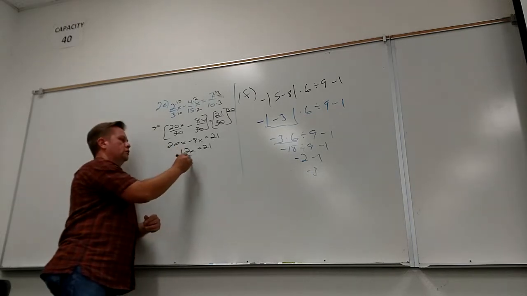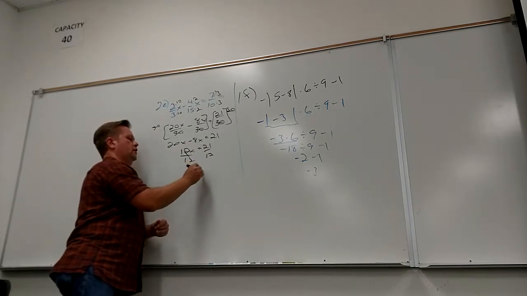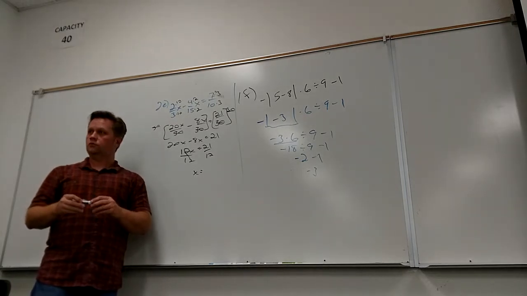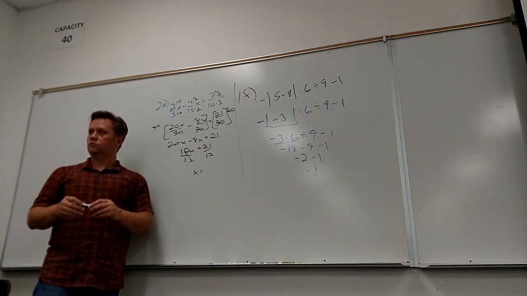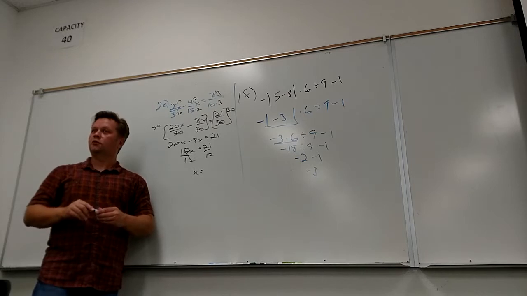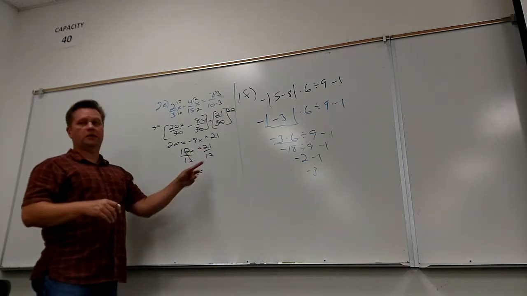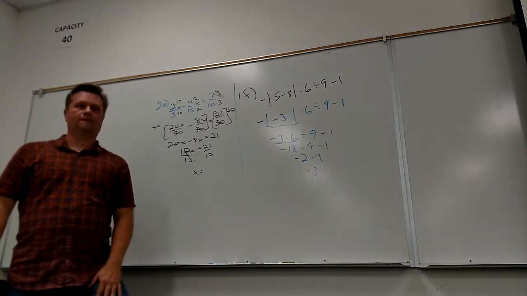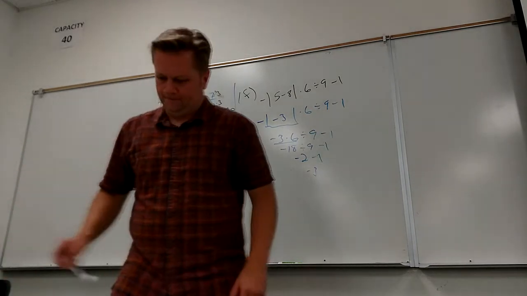Yeah, you divide by 12, and you better not stop there. You reduce. They're both divisible by 3. So 7 over 4.